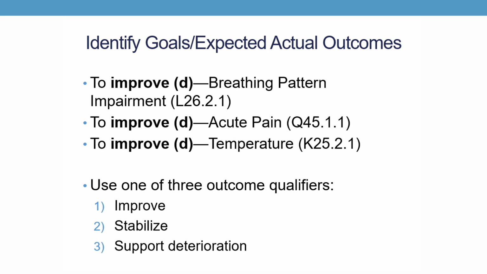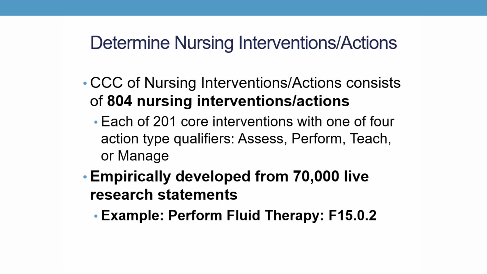And the last, or the 6th step, is the actual outcomes, as you can see here. That's also used for the expected and the actual. But in the middle, we have the determination of nursing interventions and actions, which consists of the 804 nursing interventions.